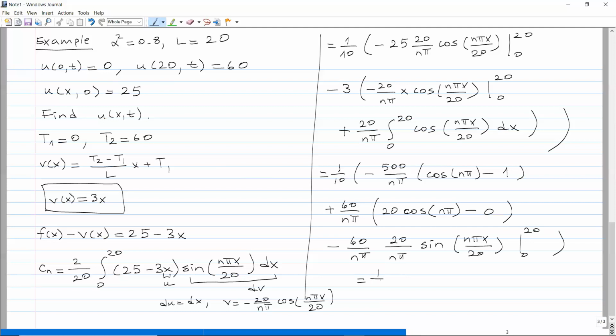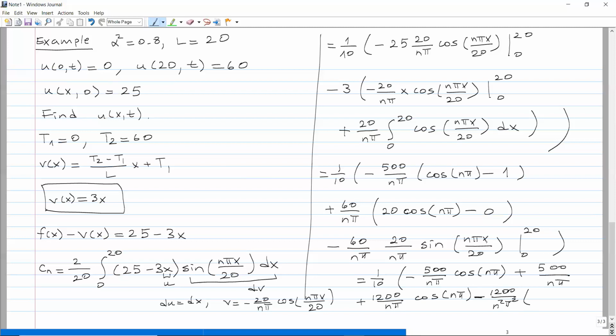Okay, so 1 over 10. Minus 500 over n pi cosine of n pi plus 500 over n pi plus 1200 over n pi cosine of n pi minus 0 minus 1200 over n squared pi squared.